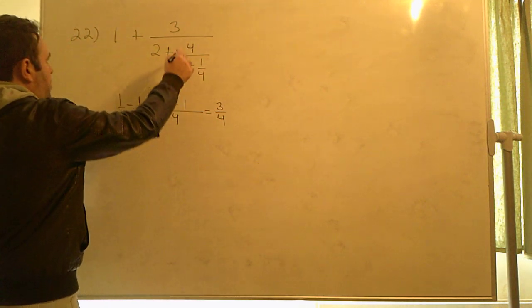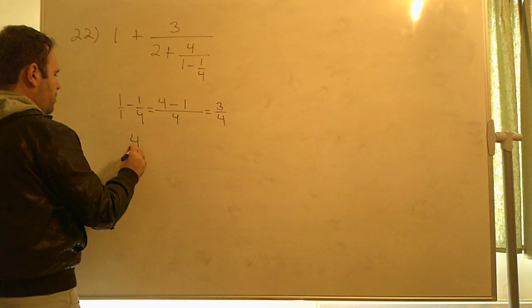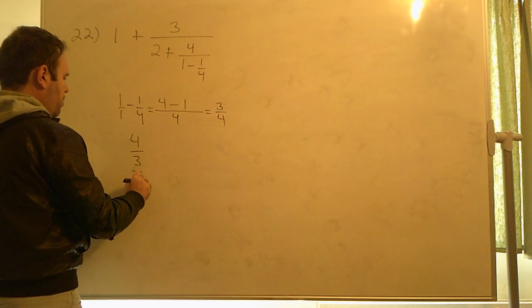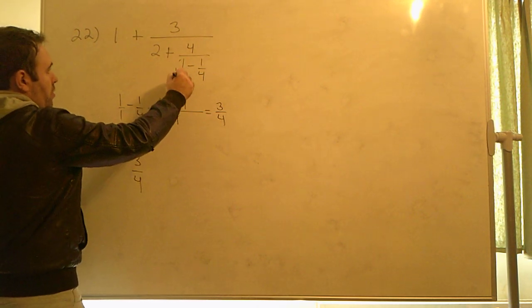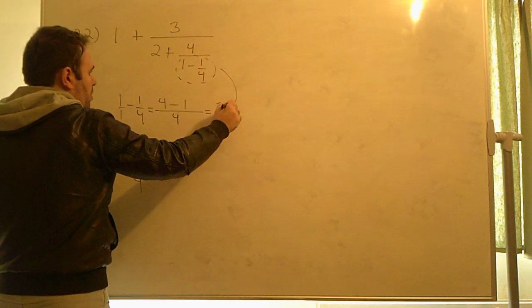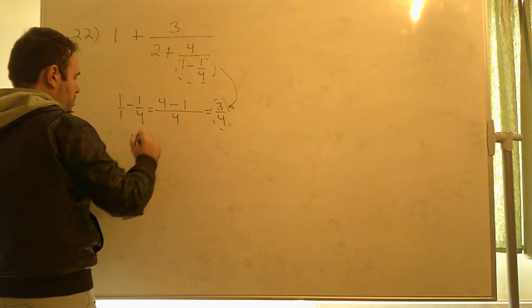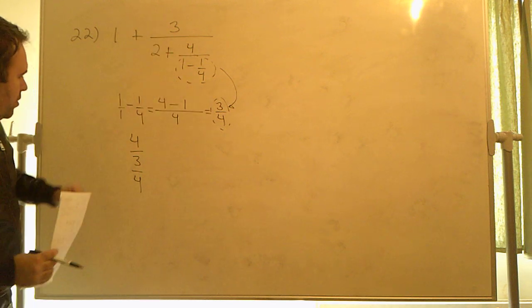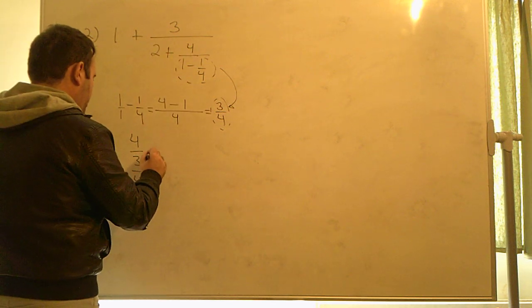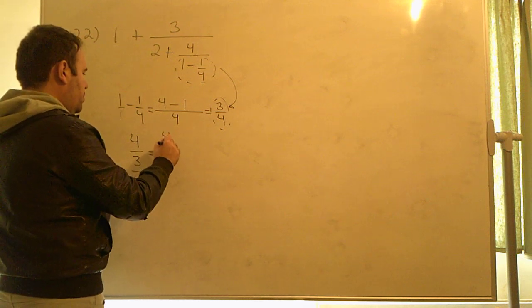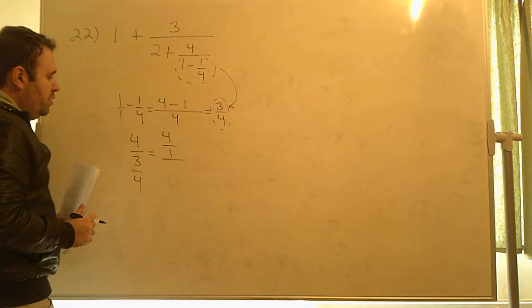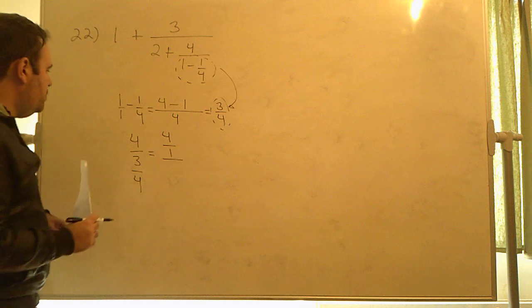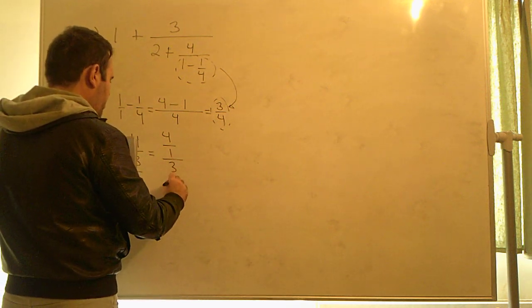So now we need to divide 4 by 3/4, because all this is equal to 3/4. 4 divided by 3/4. What we need to remember is that 4 can be expressed as 4 divided by 1, and then we have 3/4.